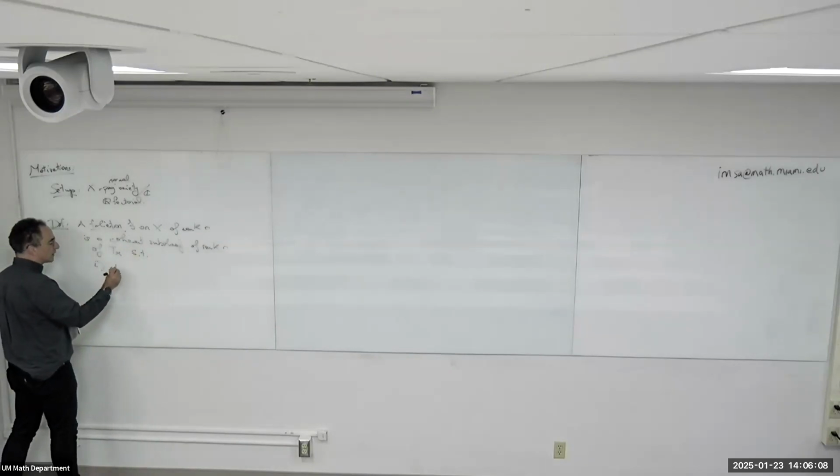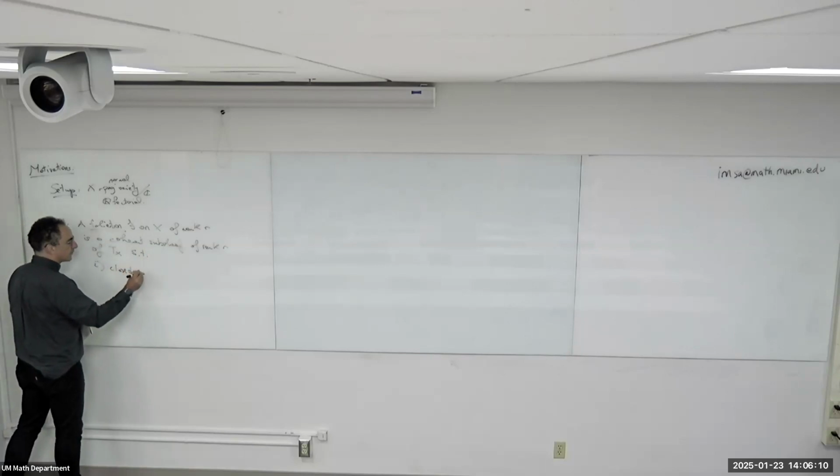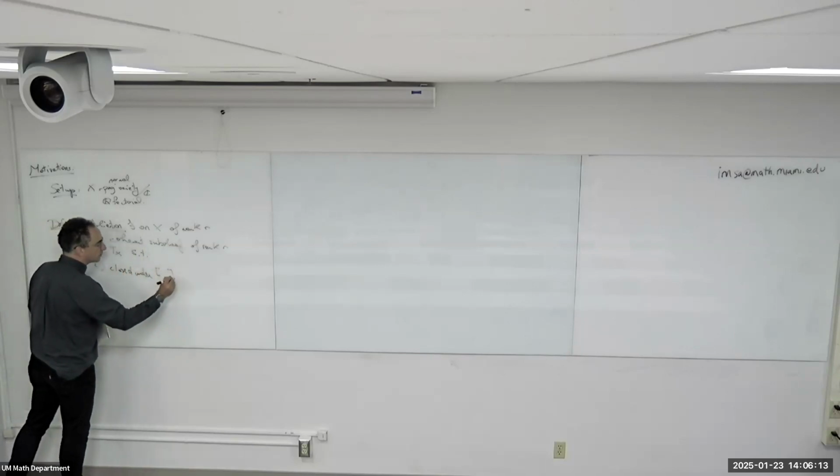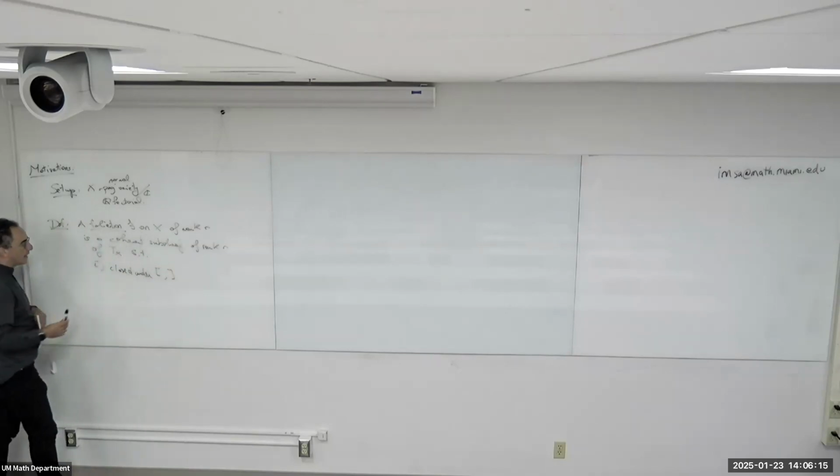The first one is that it's closed under the bracket, so that the Frobenius theorem holds at least on the smooth points of the foliation and of the variety.